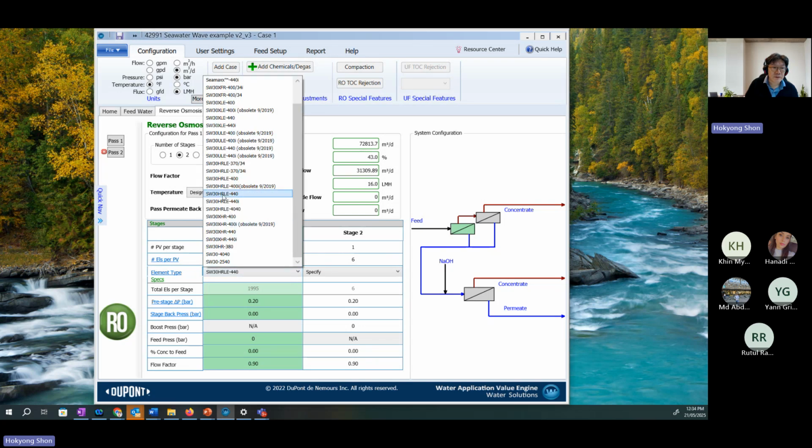SW30HLE means high rejection. So you can select some of them, 440 or 440i. The SW30HLE module type will be the best to produce your overall rejection of the boron and then your salt. So this is the recommended membrane element selection, HR.